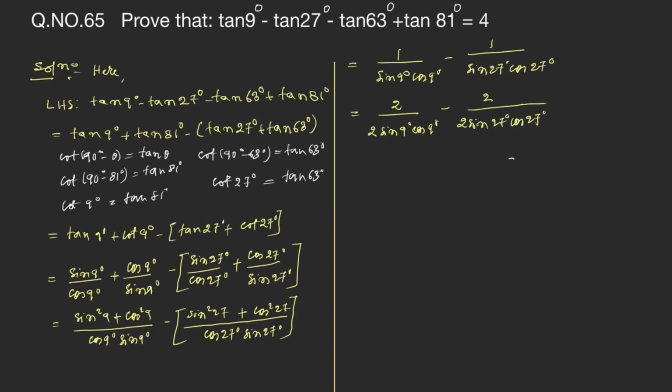Now we know that sin 2x we are able to write as 2 sin x cos x.